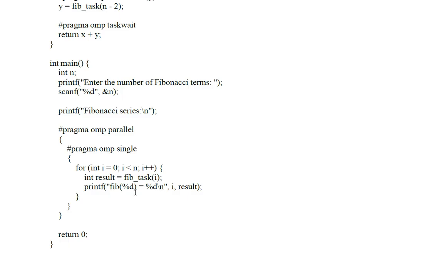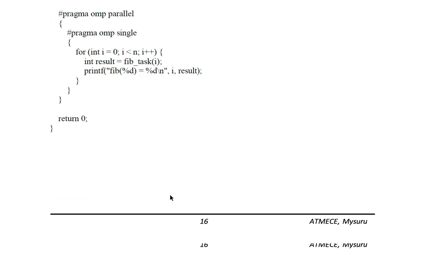For each i, it calls the Fibonacci function and assigns it to the result. Inside this Fibonacci function, new tasks are created and distributed to the available threads, so that recursive calls are broken into tasks and OpenMP distributes these tasks among the threads dynamically. So multiple Fibonacci numbers can be computed in parallel at the recursion level.